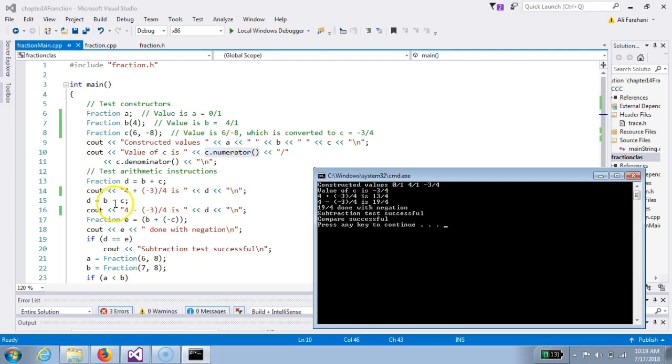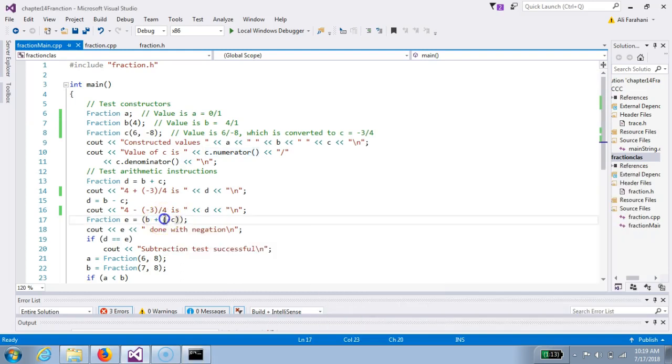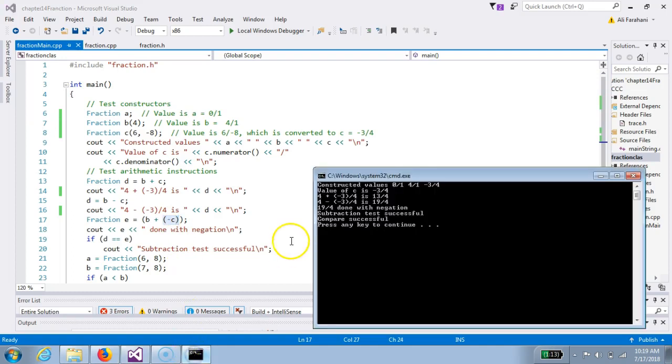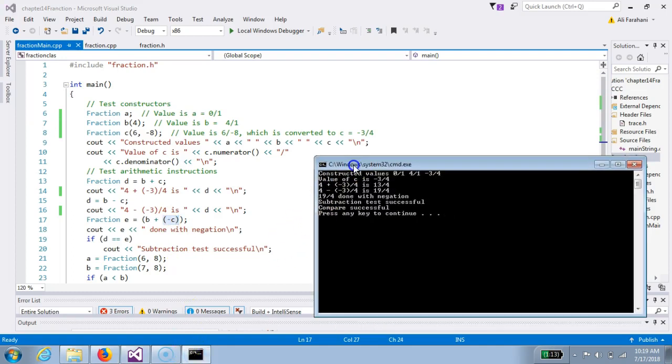We have then d is equal to b minus c. We do the subtraction here. You see that there's a subtraction, and right here, for example, that's the unary operation. We are changing the value of c to negative, and we are looking at the output, right? So all the operations are tested here.